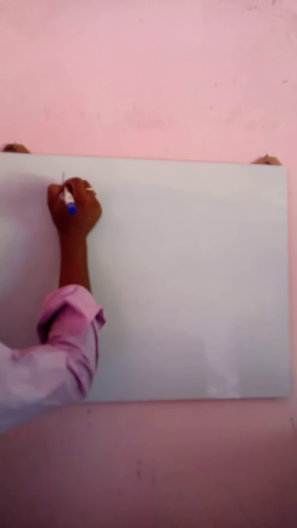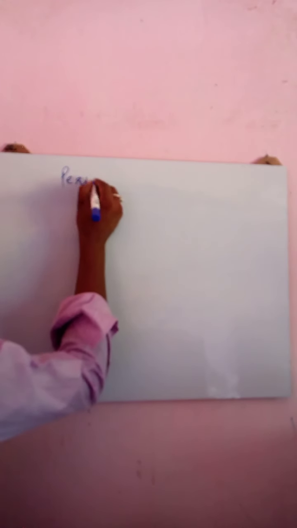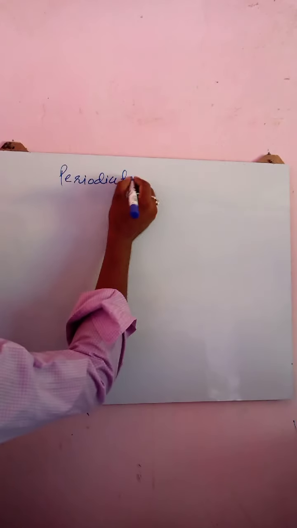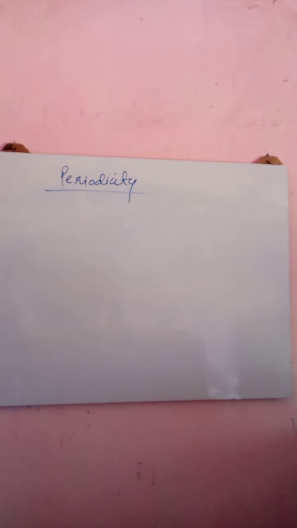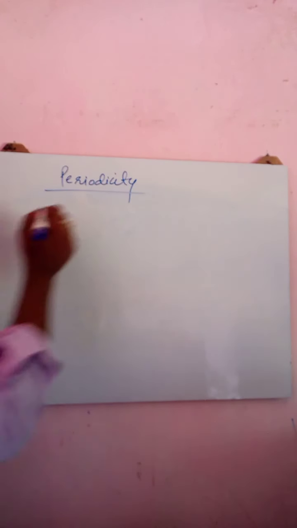Now, come to periodicity. What is periodicity? Periodicity means repetition of certain properties of the elements at a regular interval.